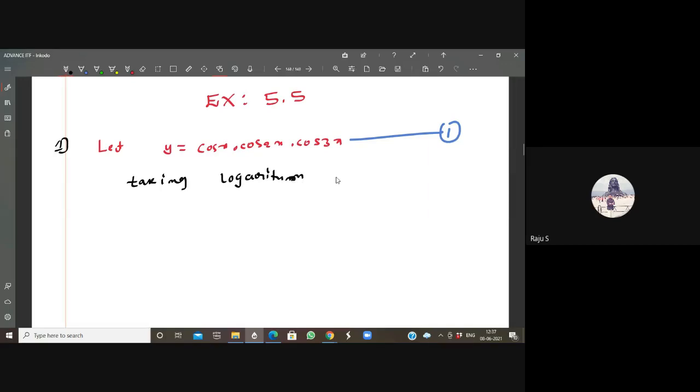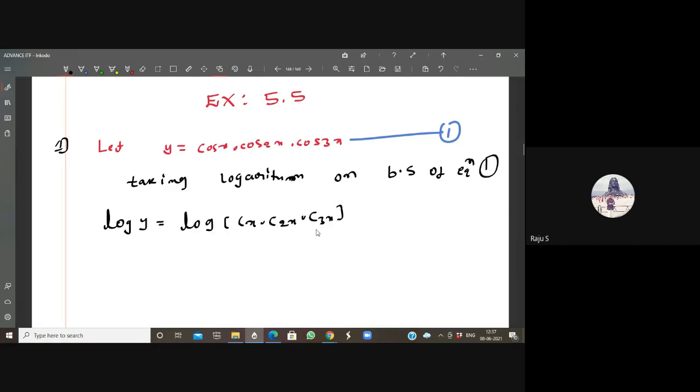Apply logarithm on both sides of equation 1. Taking log on both sides, then the left side is log y is equal to the right side, log of cos x, cos 2x, cos 3x.